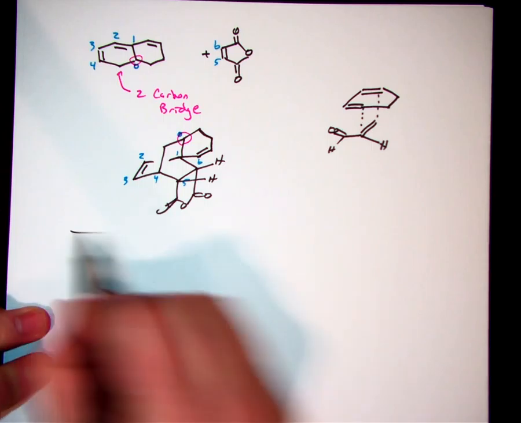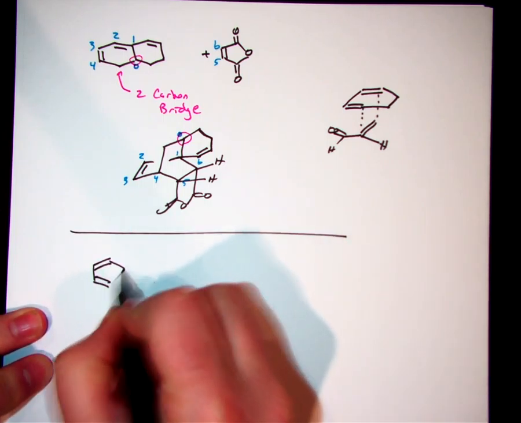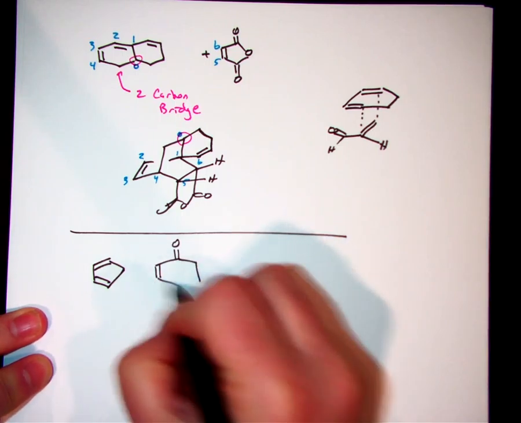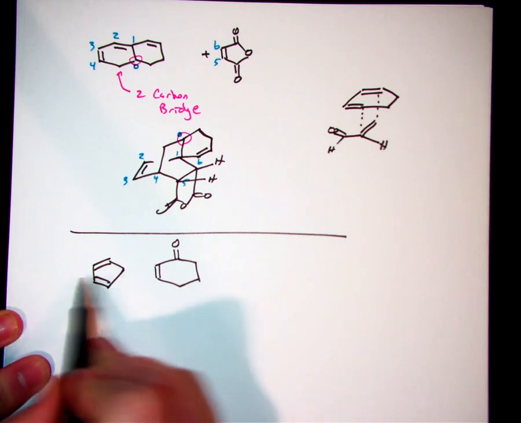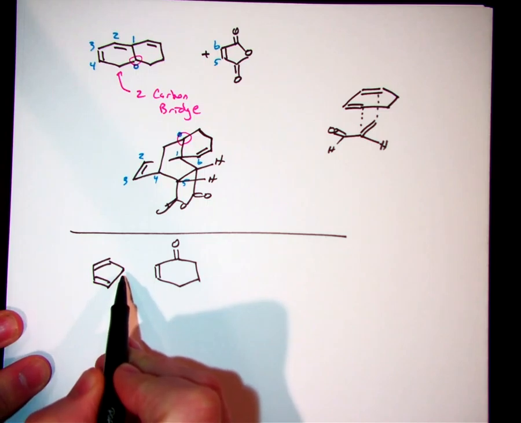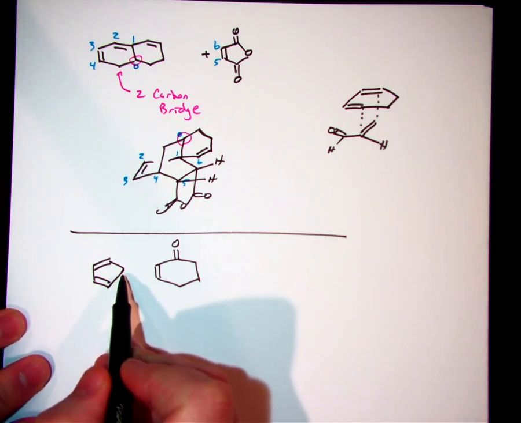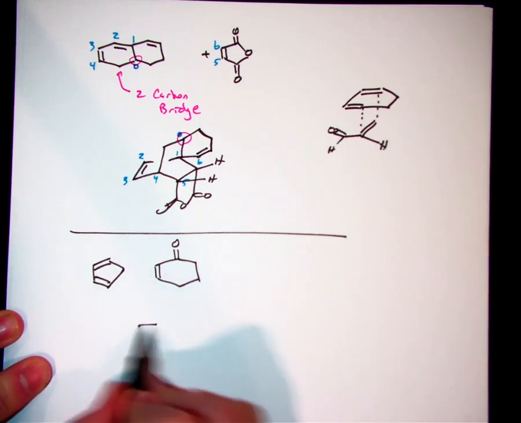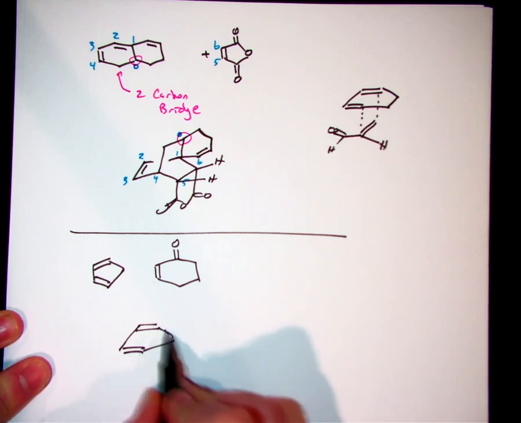So for this problem, we have cyclopentadiene, and we have compound B. Again, we have a symmetrical diene. If any of those partners are symmetrical, then we don't need to worry about the regiochemical outcome of this. We do need to worry about the stereochemical outcome. If we try to take a look at how these two things are going to come together, here's our diene with our bridge.